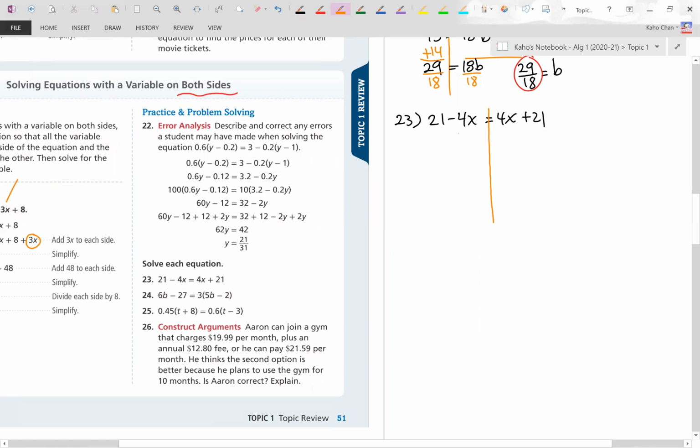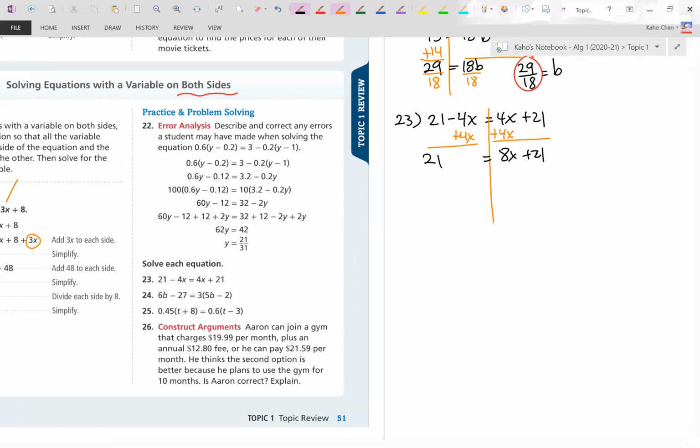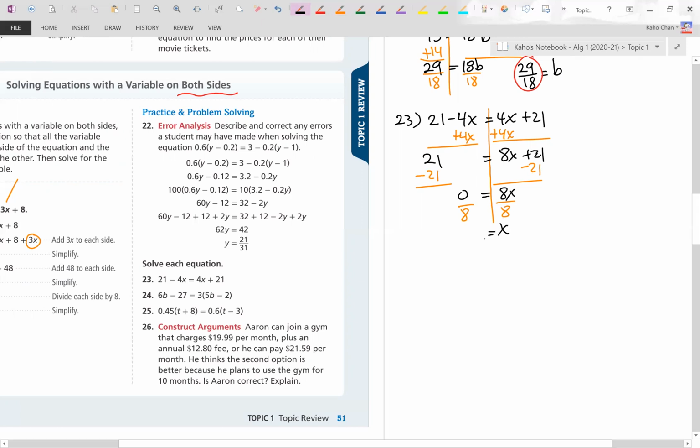In this case, if you add 4x to both sides, the variable will still be there. And that would be 8x plus 21. Now we undo operations and solve by subtracting 21 to both sides. That gives me 8x equals 0. Don't think there's no solution here. You will get 0 as an answer. 0 divided by anything is 0.